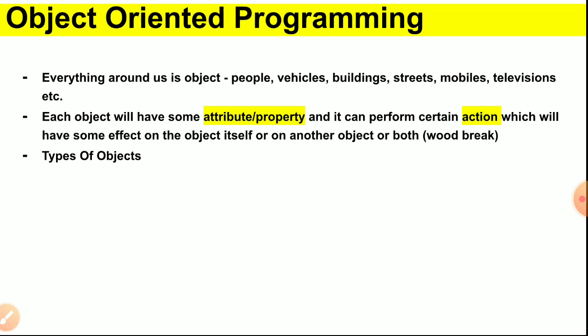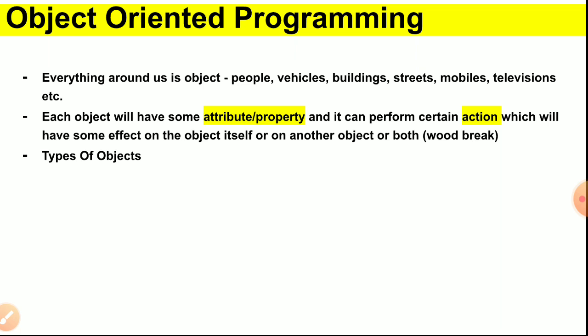If I hit the piece of wood, the wood will break. So one object interacted with another object, and the consequence was that the piece of wood was broken into two pieces. This is known as one object affecting the attribute or state of another object.